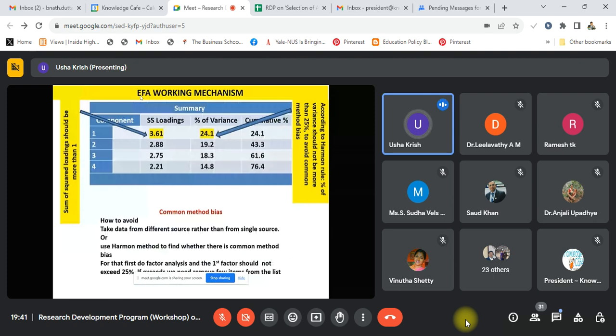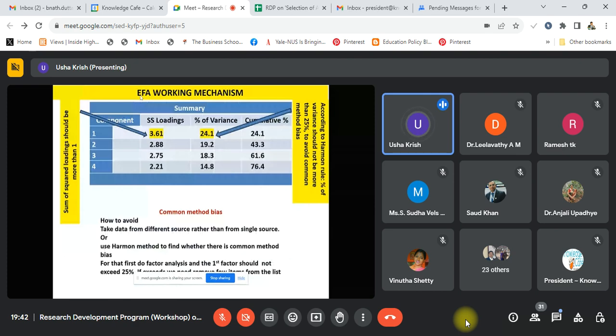Now the question is, what is common method bias? So from my side, the answer will be, if we take feedback for both independent variable and dependent variable from the same person, bias may arise.